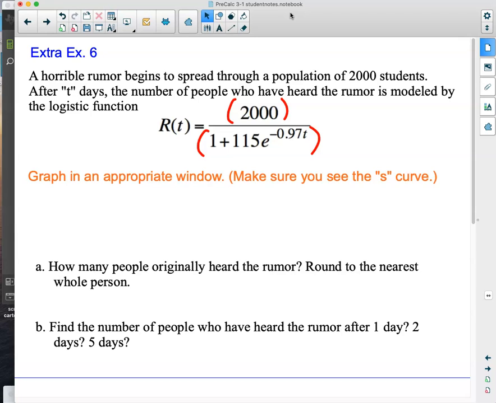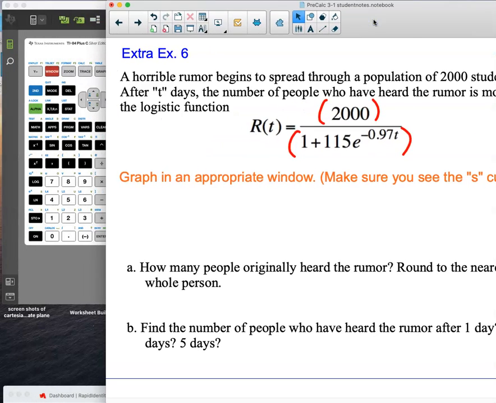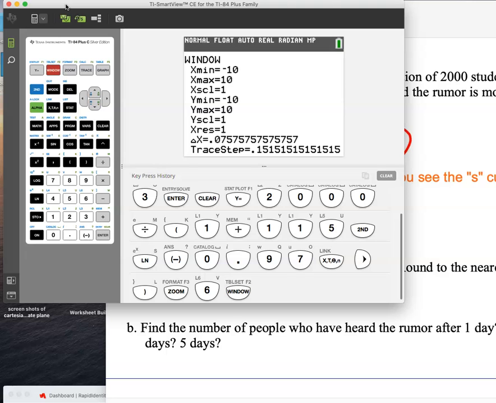And our t, which is our input, so that's our x on our graphing calculator, is after t days. So you start to think, school with 2,000 students, about how many days would it take for almost everybody to hear this rumor? Well, let's just try, because rumors spread pretty fast. 0 to 10.